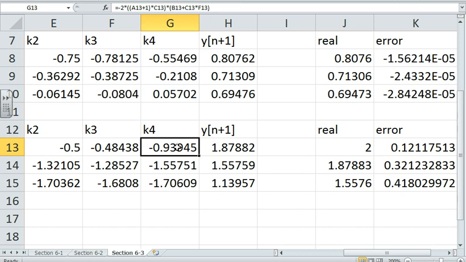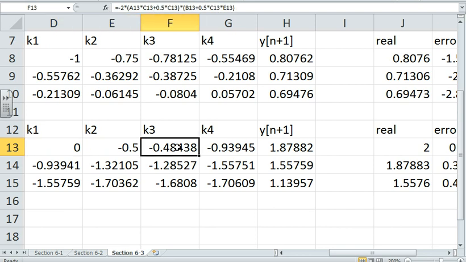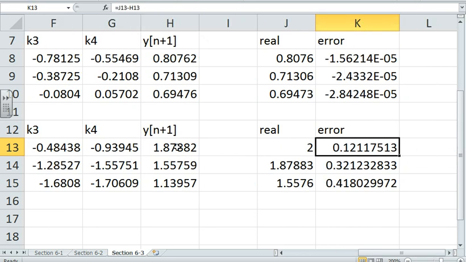That one's right also. Okay. So how come I don't have an awesome answer? J13 minus H13.